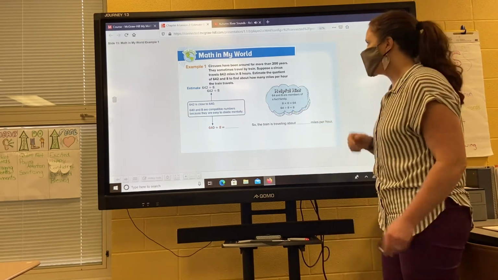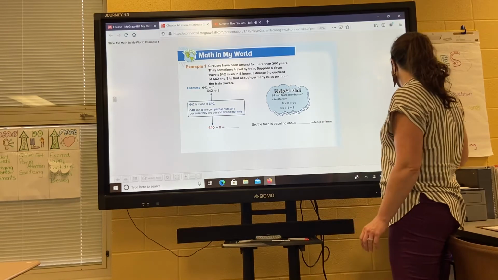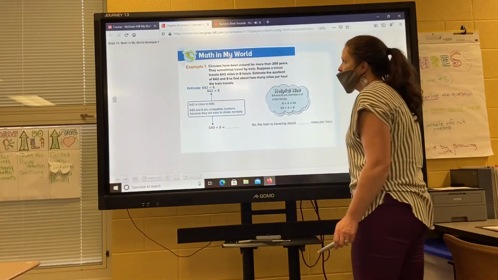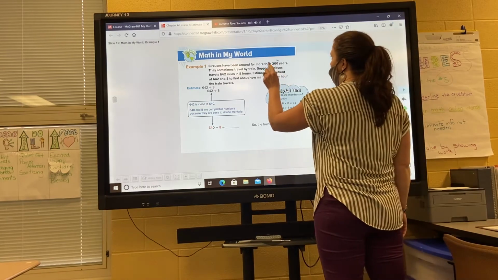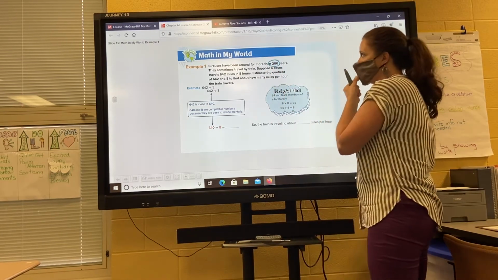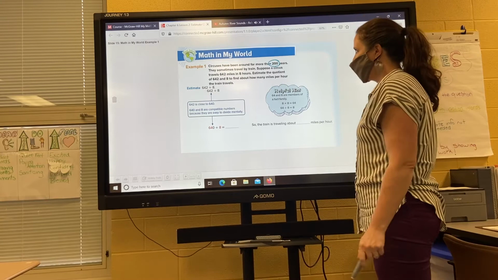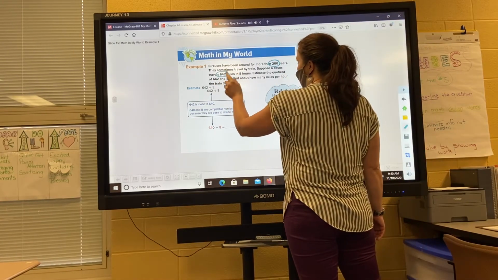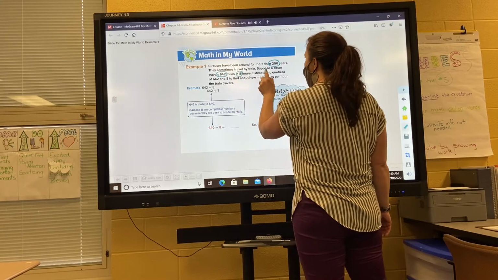So let's look at example 1, and make sure that we're doing cubes. It says circuses have been around for more than 200 years. They sometimes travel by train. Suppose a circus travels 642 miles in 8 hours.